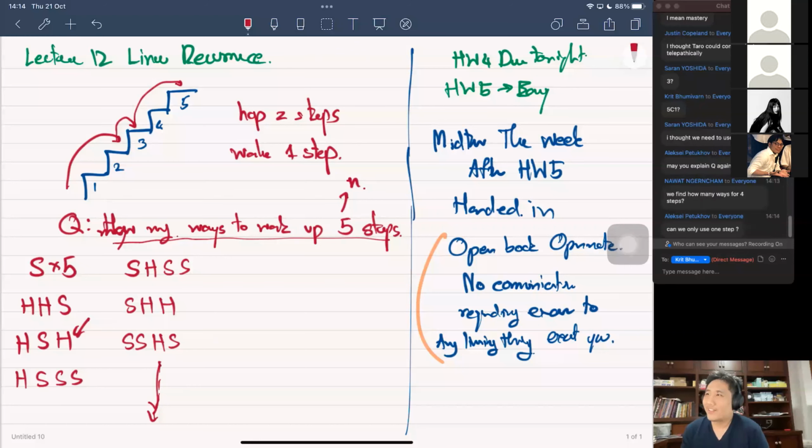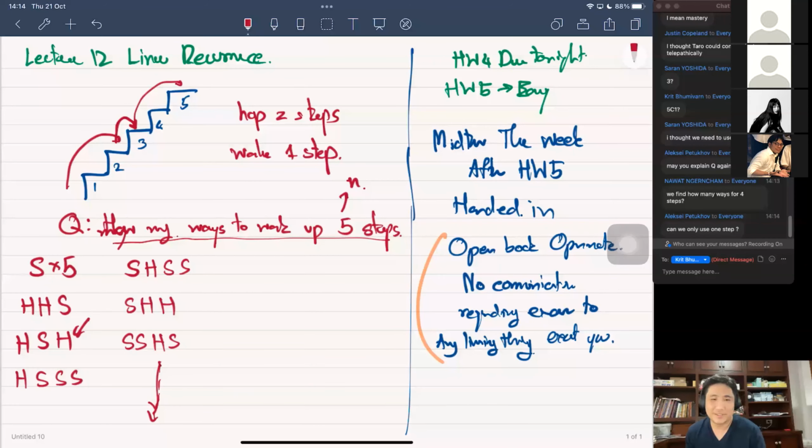Can we only use 1 step? Okay, good. You can use 1 step if you like. So that's how you go from 2 to 3. But you want to complete the stair, so that means you need to add up to 5. So now, we find out how many ways to do 4 steps. What would you do to find out how many ways for a smaller problem? How did we solve a smaller problem in the last few weeks?